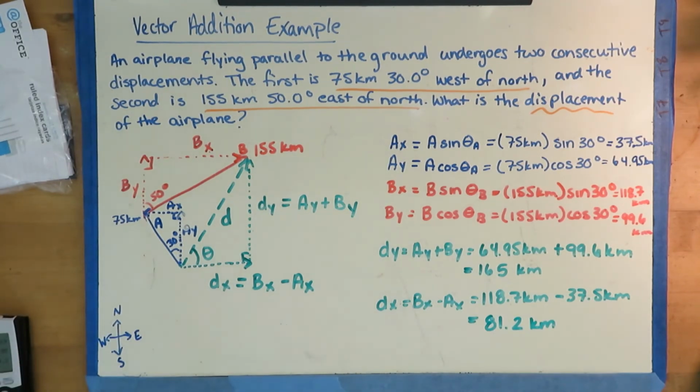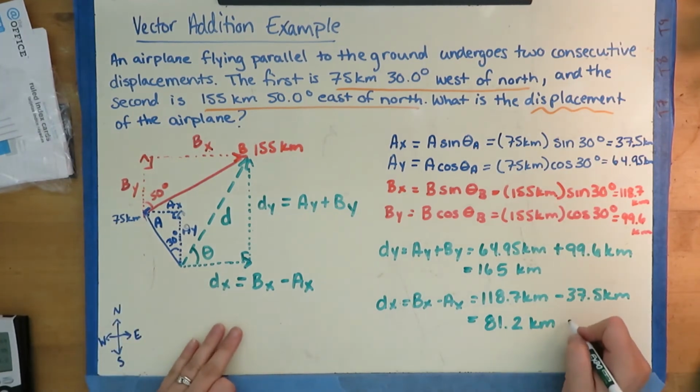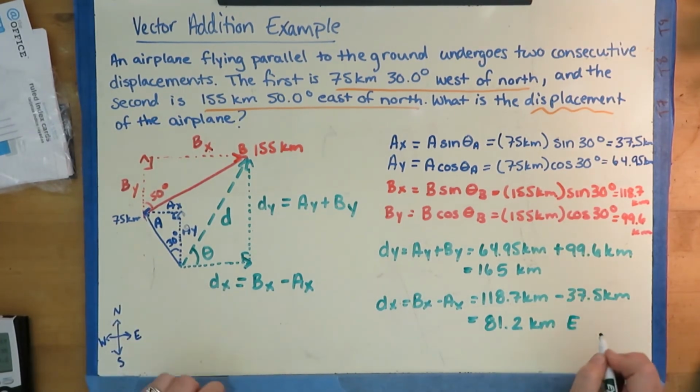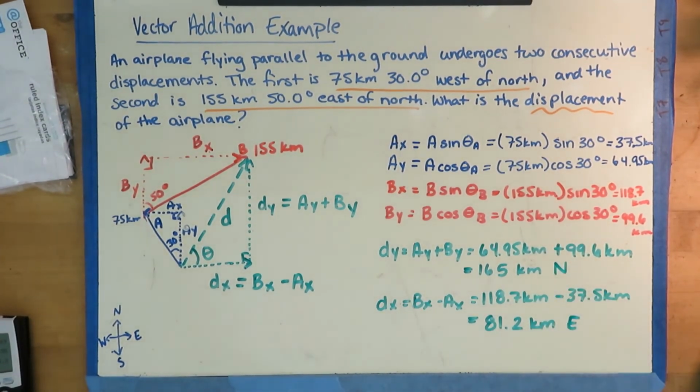So those are the magnitudes. I could add on my vector directions. dx is going to be towards the east and dy is going to be towards the north. So if I was looking for the components of the resultant displacement, those are my component vectors.